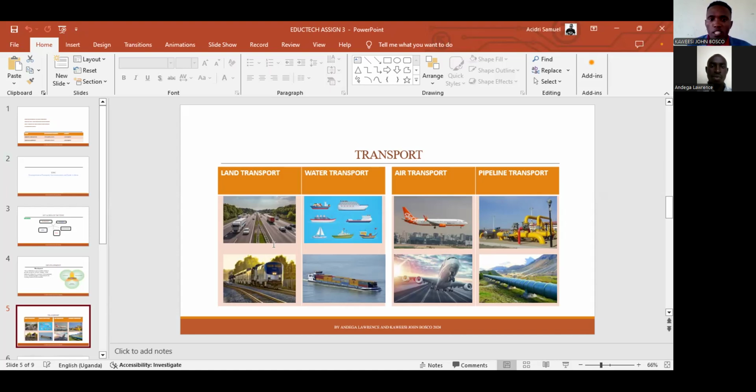So, what is land transport according to your understanding? What is land transport?